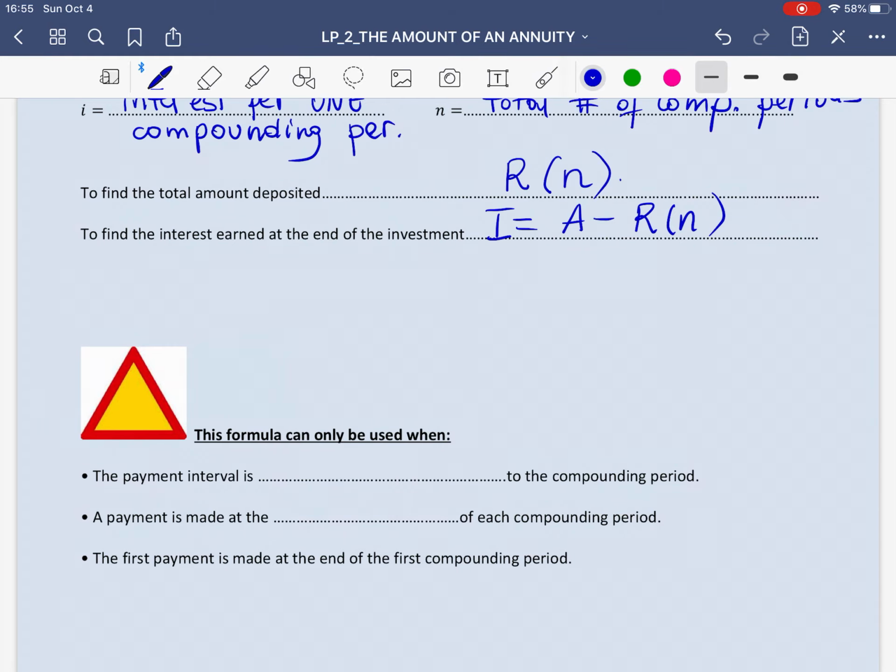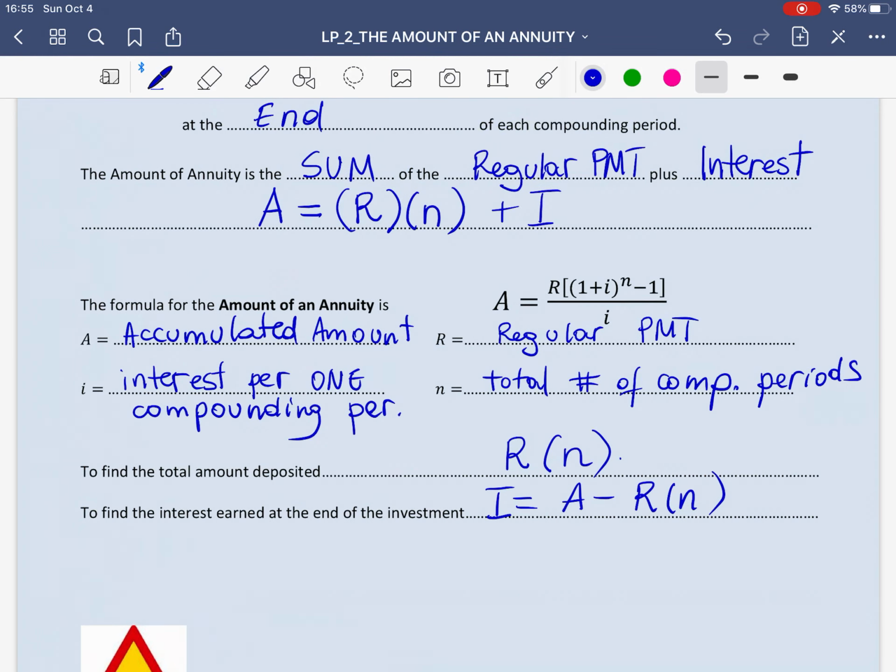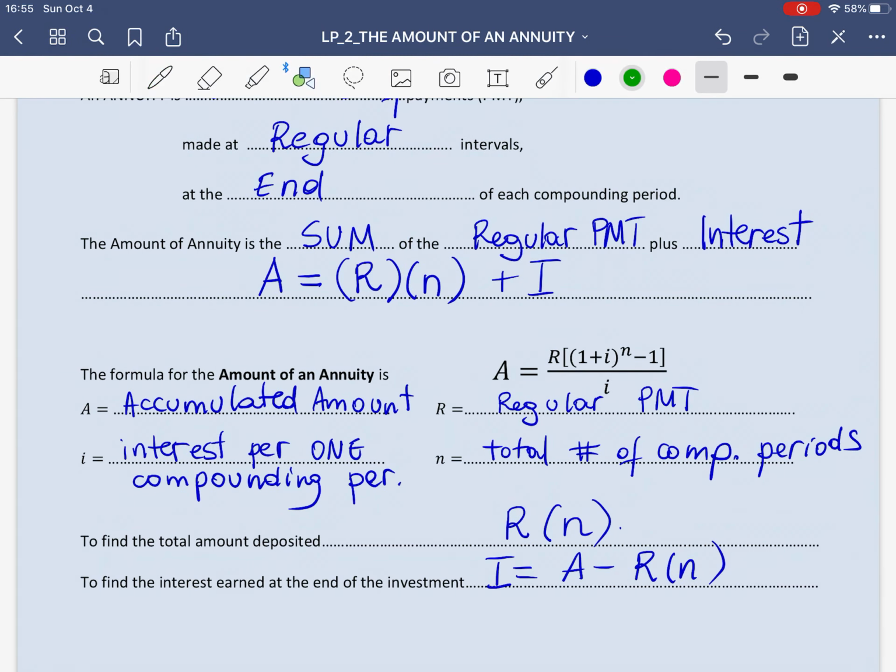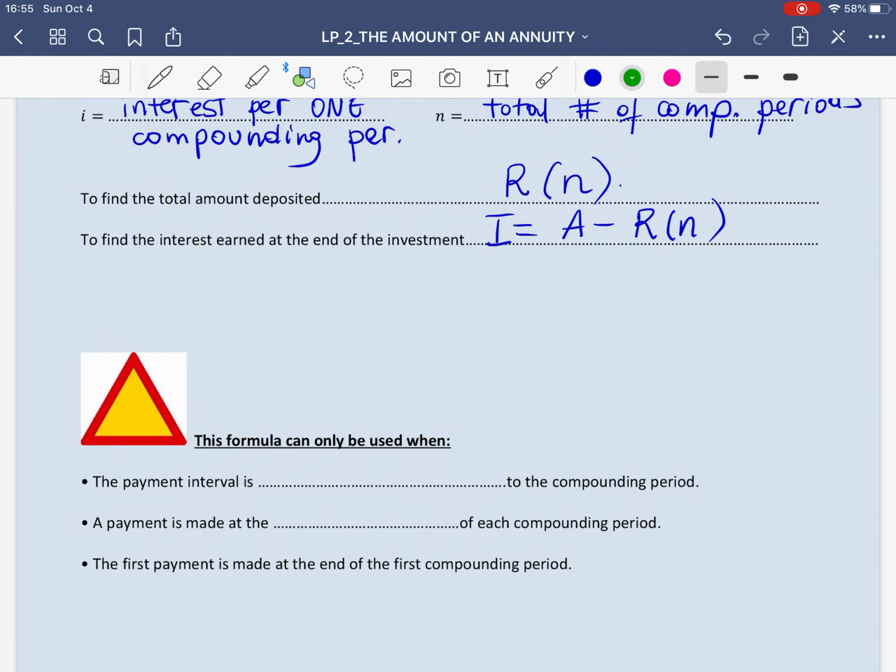Now, remember a few things though. Number one, the ordinary annuity formula right here can be used under the following conditions. Number one, the payment interval is equal to the compounding period. Same compounding period.